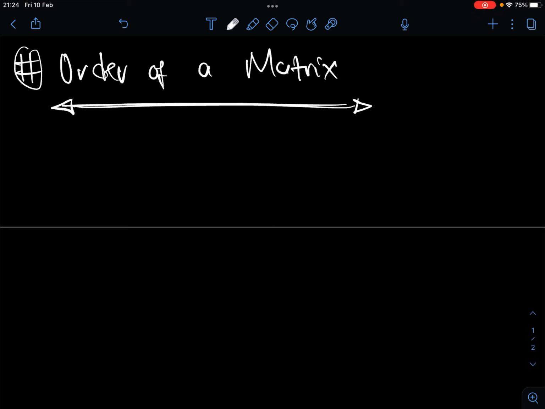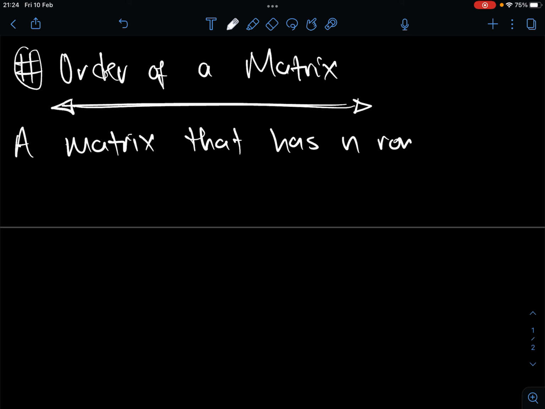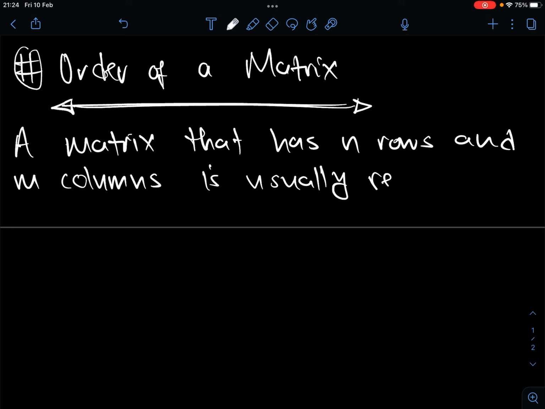So a matrix that has n rows and m columns is usually referred to as an n by m matrix.